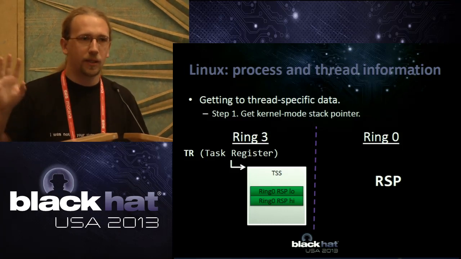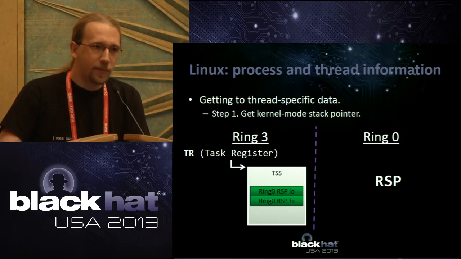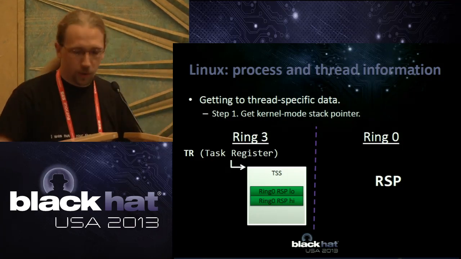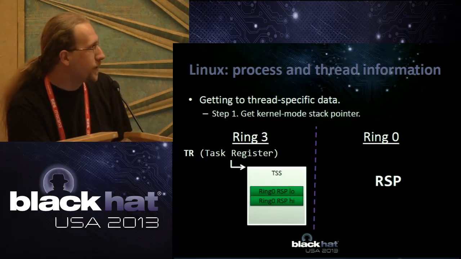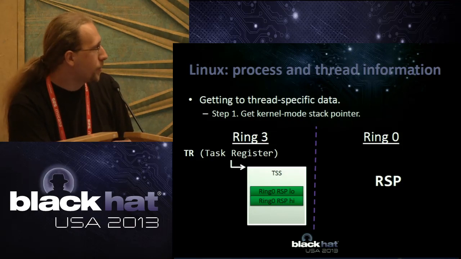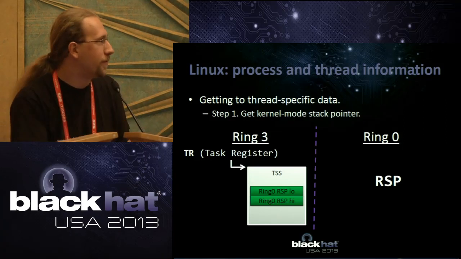So we actually need 2 different approaches. To get thread specific information, if we are in user mode, we just read the task register, go into the TSS, these are of course x86 structures, and read the kernel RSP, the kernel stack pointer. That's important on Linux, read the stack pointer from there.